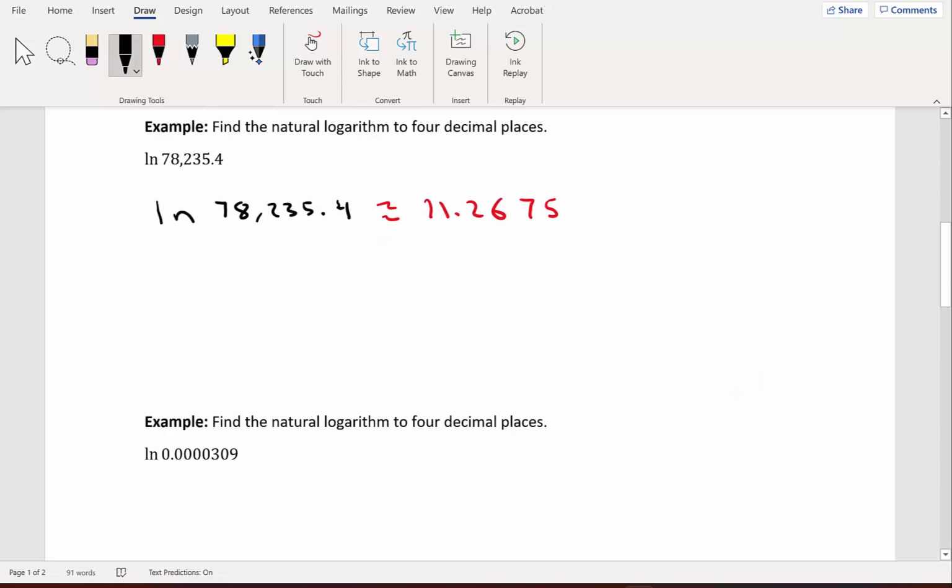Next one, same type of problem. This time we have the natural log of 0.0000309. Plugging this into our calculator, this is approximately equal to negative 10.3848.